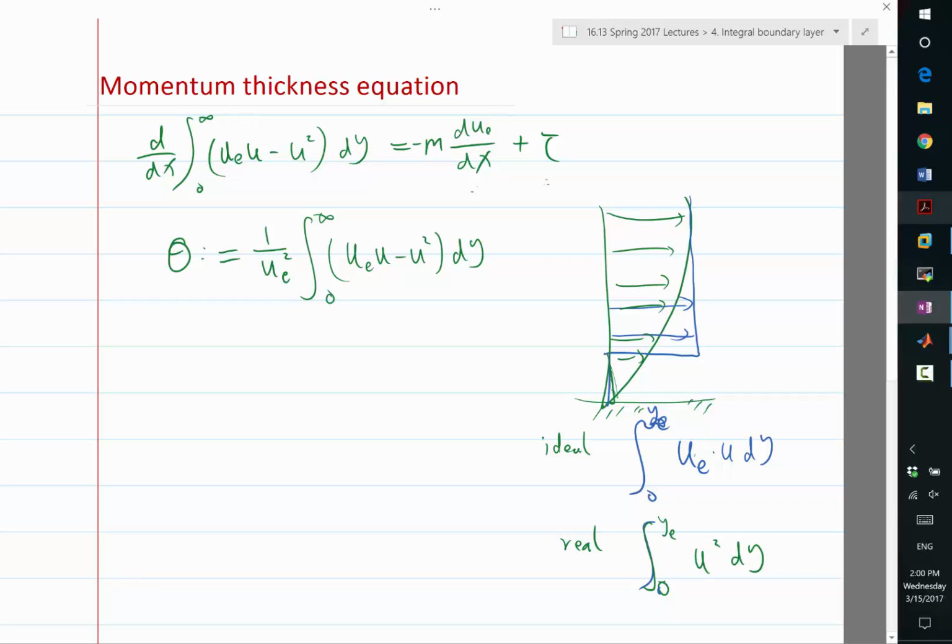So now, if I look at the derivative, d theta dx, what is it? It is the composition of two terms. One term is the effect of an increase or decrease of 1 over ue squared, right? That would give me minus 2 times ue cubed, due dx times the integral.